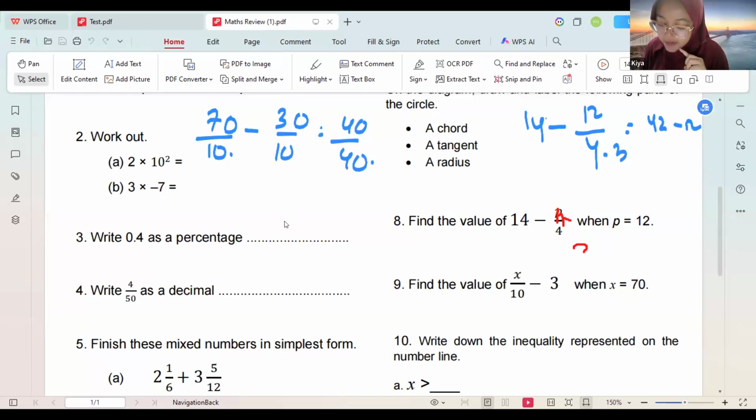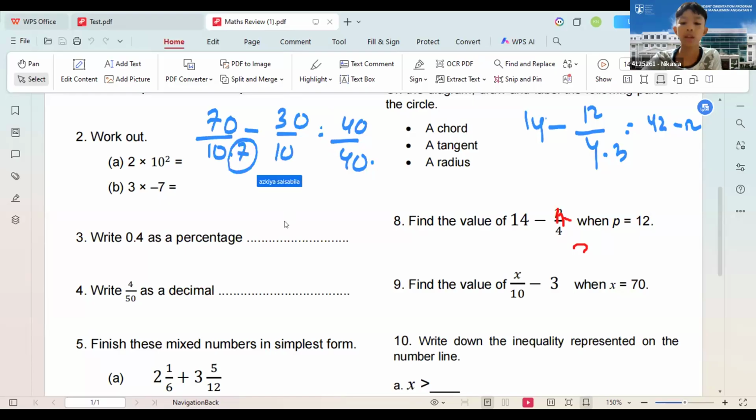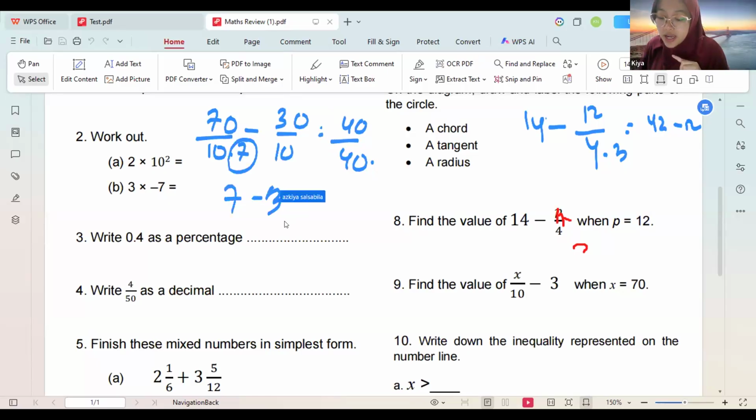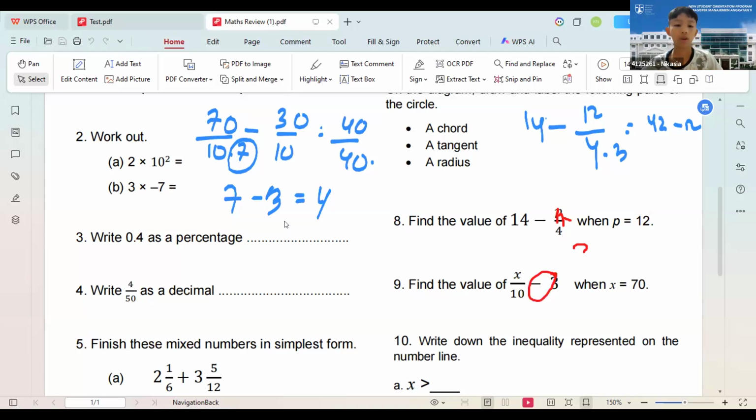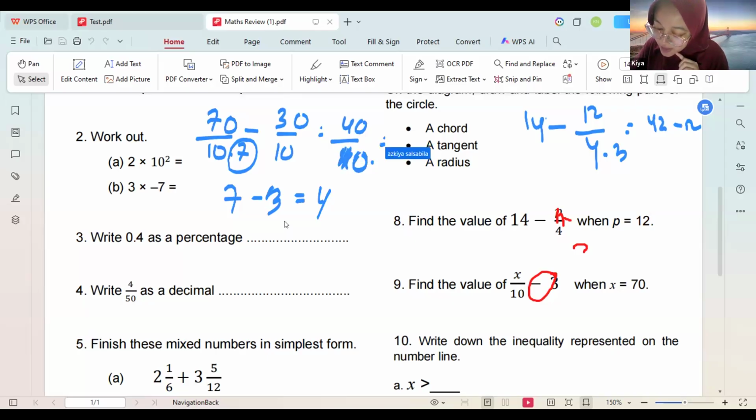Okay, and then I have 7, and minus 3. 7 minus 3. Yeah, I just get 4 here. Yeah, I got 4. Oh iya bener ding. Jawabannya 4. Is that correct too for number 8?